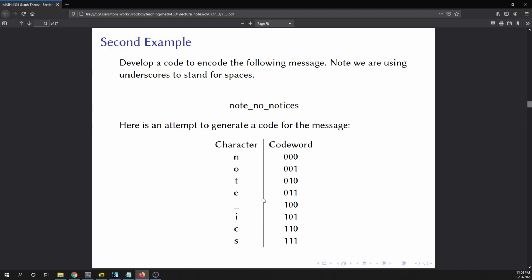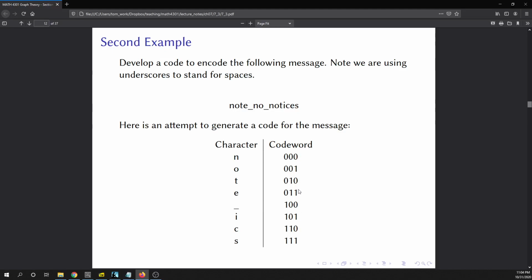All right. So let's take a look at a second example where we are going to encode the same message, "no notices" again. And remember, these are spaces. And so here is my prefix code over here.